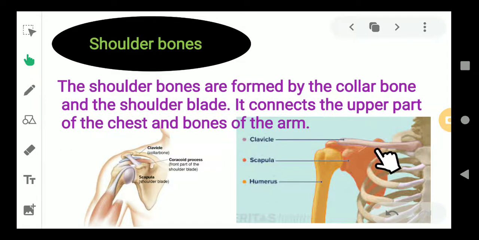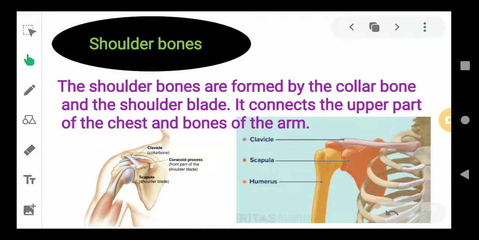Can you not see in this picture? This is the collarbone and this is the shoulder blade. The shoulder bones are formed by collarbone and the shoulder blade. It connects the upper part of the chest and bones of the arm.